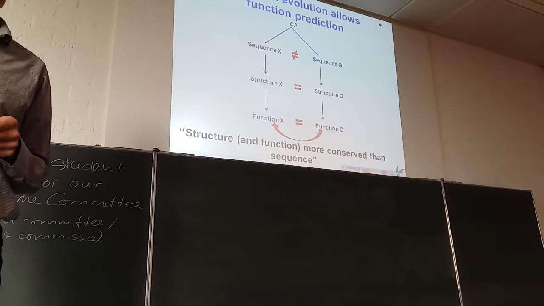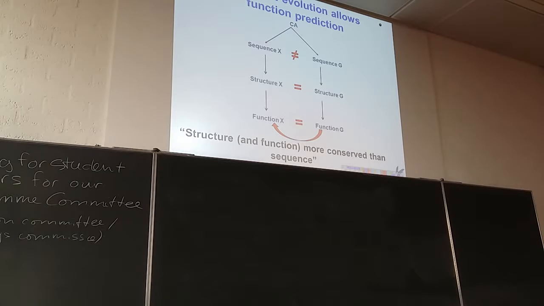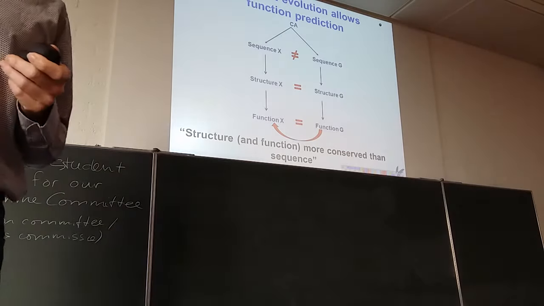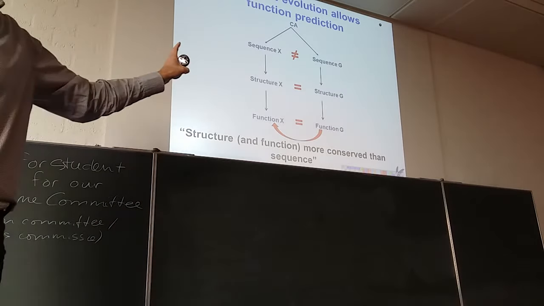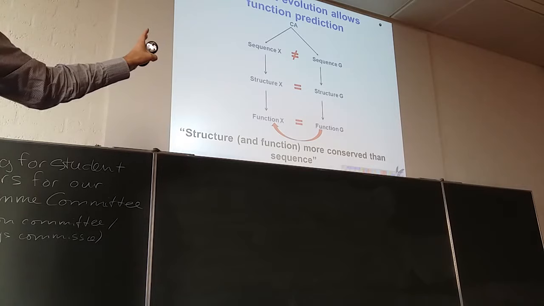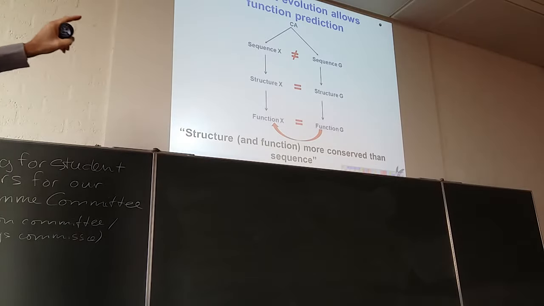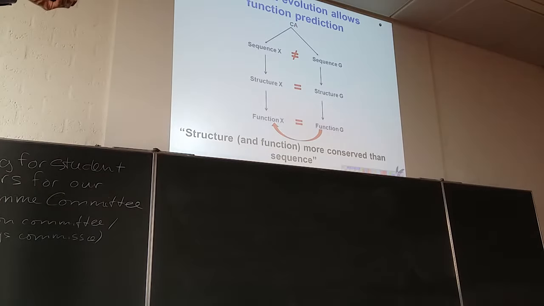So to start with the big picture, why do you want to do sequence searches? I'm sure Jaap has mentioned this in every lecture up to now, right? He does, yes. Right, because you have a common ancestor, sequences diverge, but due to evolutionary pressure, both the structure and, most importantly, the function remain the same.